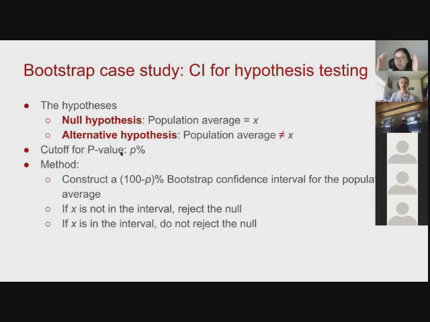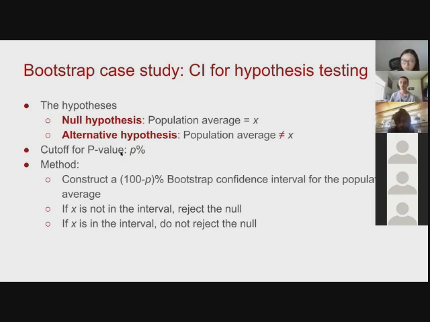If my x is in it, that is saying that under the assumption that the null is true, my x is quite similar to what I can get. But if x is outside of the interval, let's just say it's over here, then under the assumption that the null is true, I will have a really low chance to observe my observed data. So it is really equivalent to some degree to the p-value.